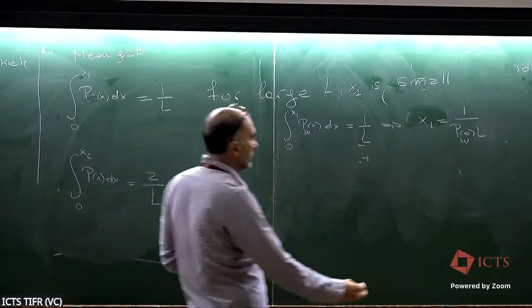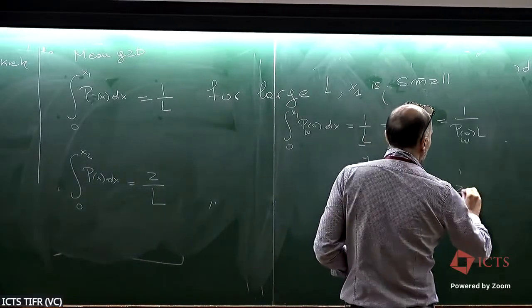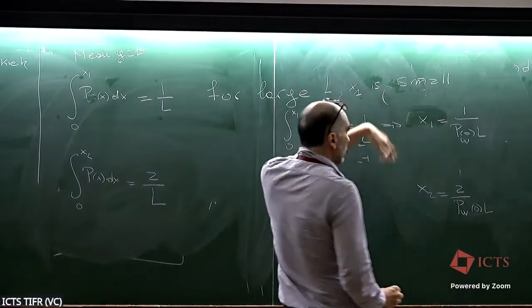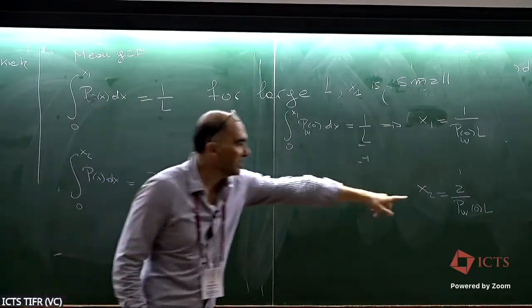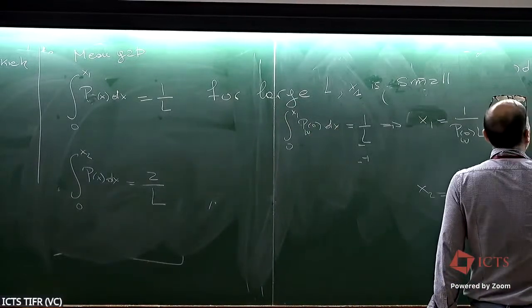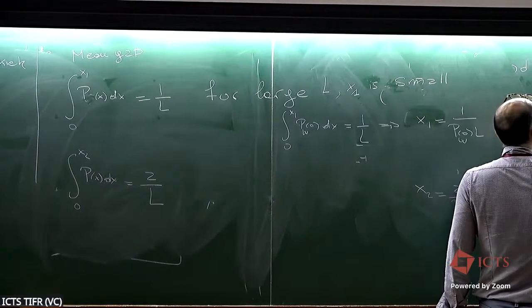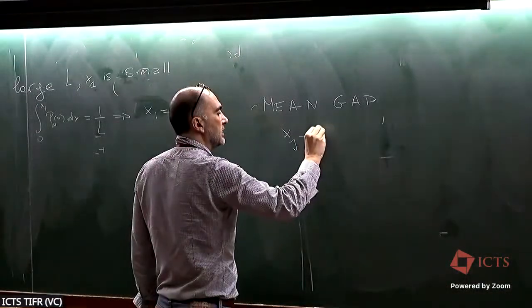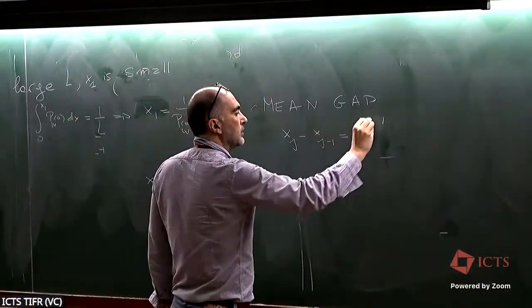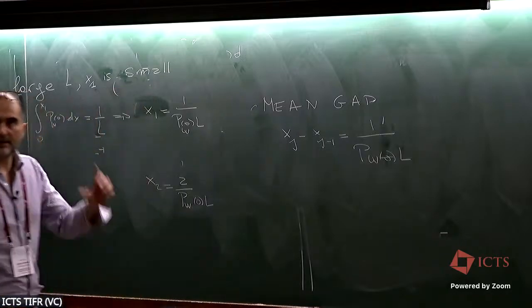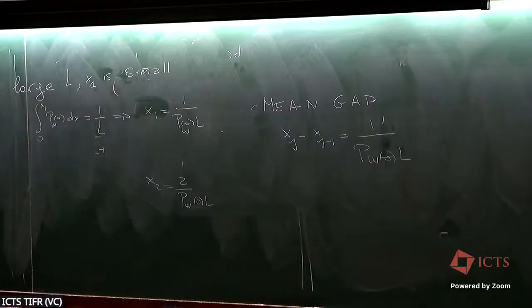And so x2 is equal to 2 over pw0 L. And you can go on with x3, x4; just this number changes. So the mean gap, which is xj minus xj minus 1, is equal to 1 over pw0 L. This is the distance that you expect between the very extreme of the spectrum.